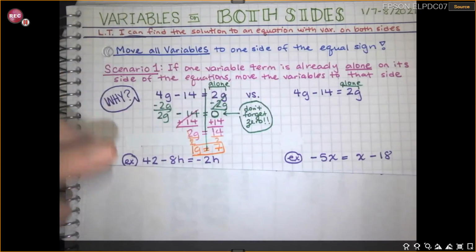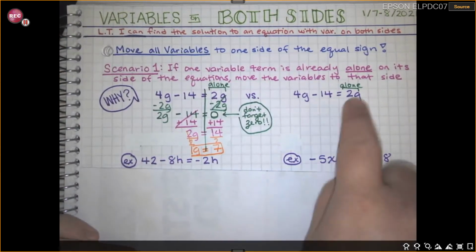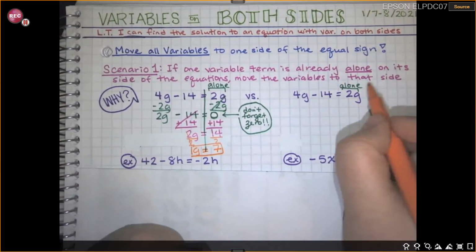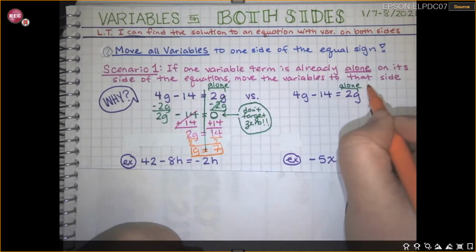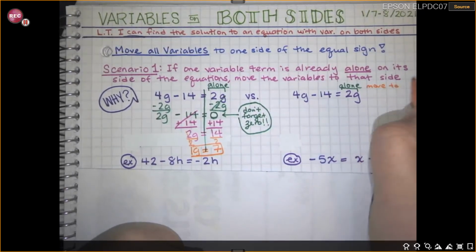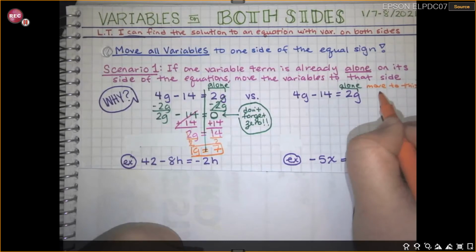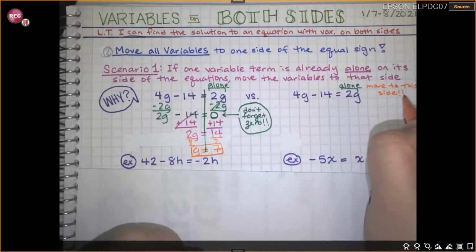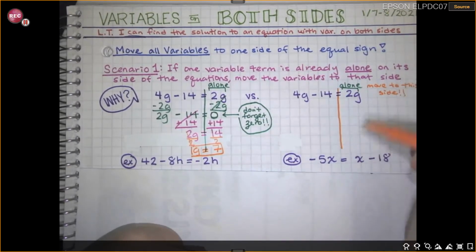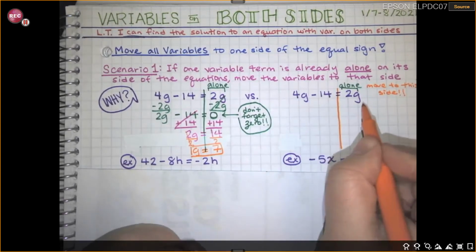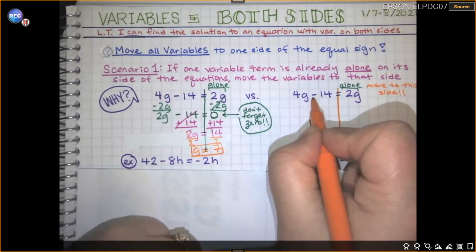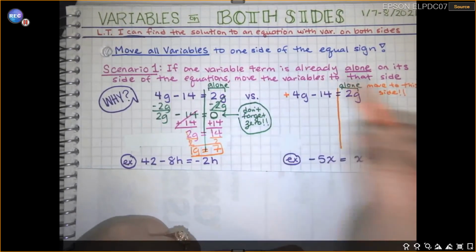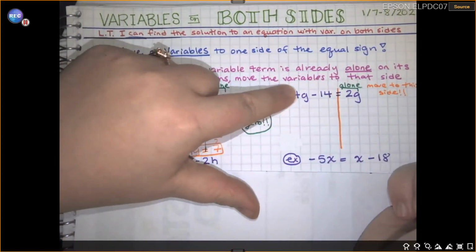Now, I'm going to show you what happens if you follow my advice. So, since it's alone, move everything to this side. So what that means is I'm going to move the 4g over here. Remember, don't look at this sign, look for the sign in front, in which case this is positive 4g.